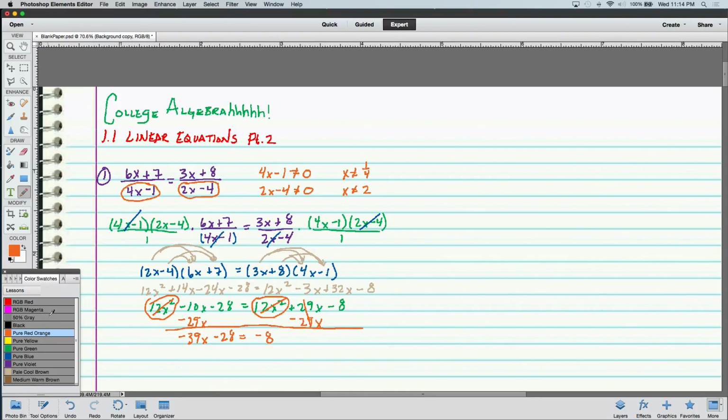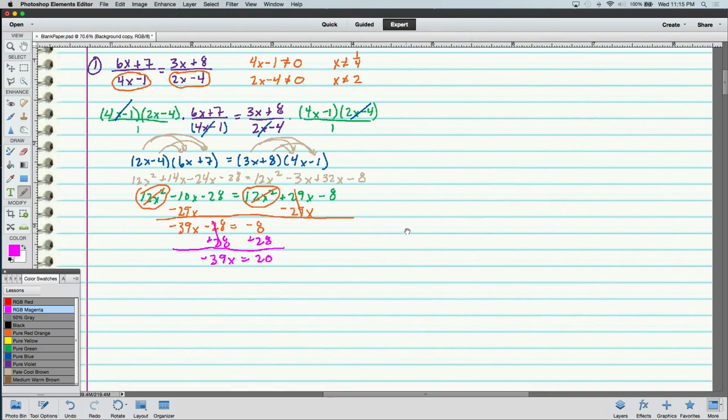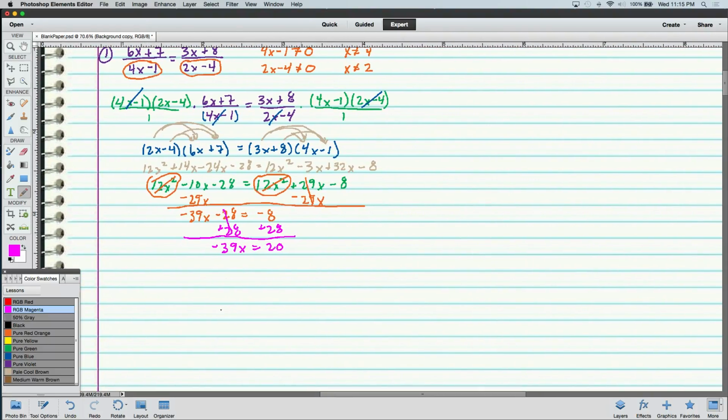And now add 28 to both sides. Negative 39x equals positive 20. And then the last step to solve, here we're going to divide both sides by negative 39.